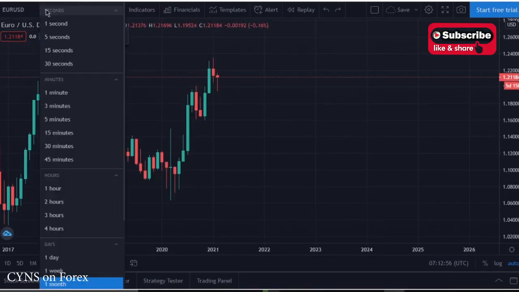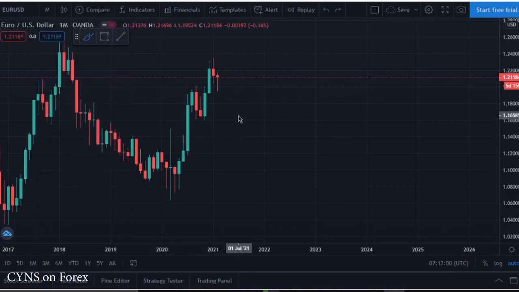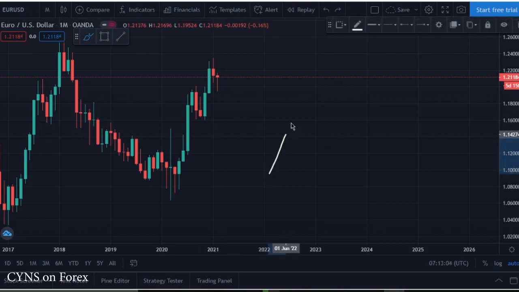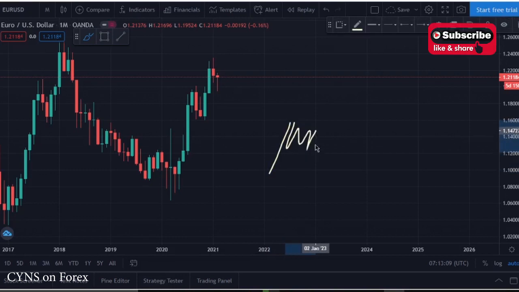Okay, let's jump into the chart. Starting from the monthly time frame, what can we see in the market? Generally speaking, if we have an impulse, what do we expect? It should create a corrective pattern. The market did exactly that. We have a nice impulse and correction pattern.